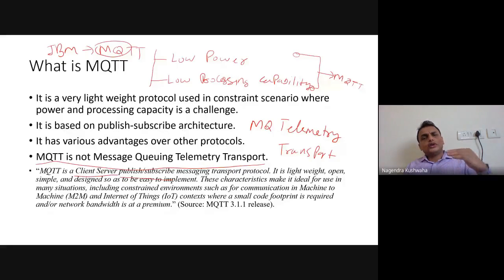So the whole motto when IBM was designing this protocol is that it can work in a constrained environment, and the constrained environment is low power, low processing capability, right?